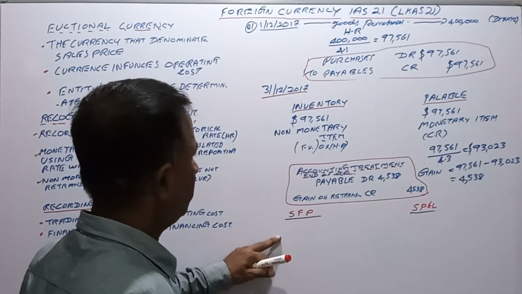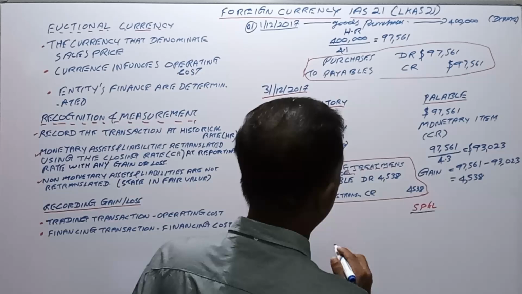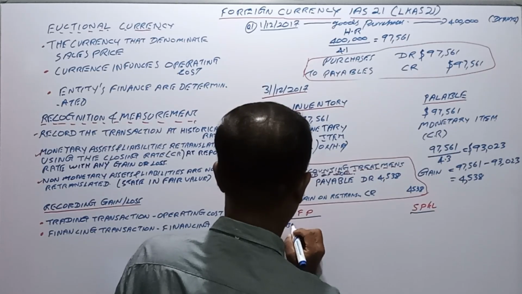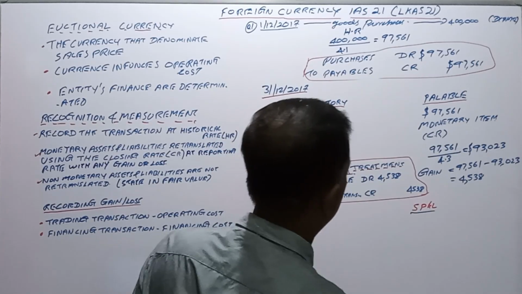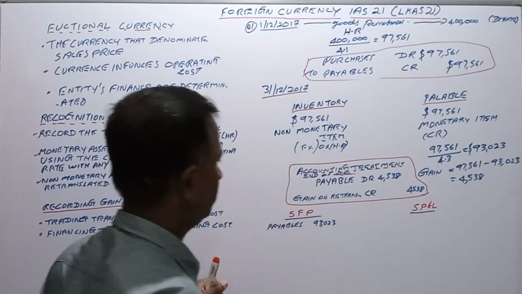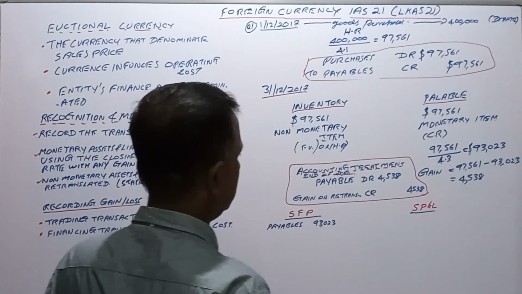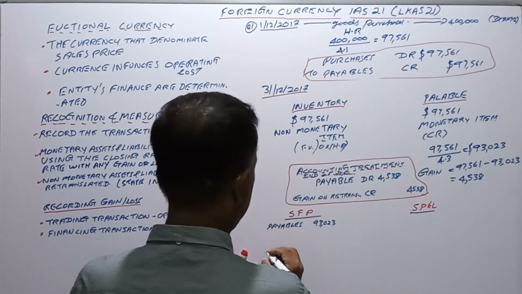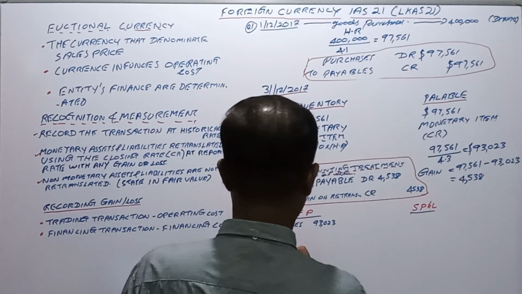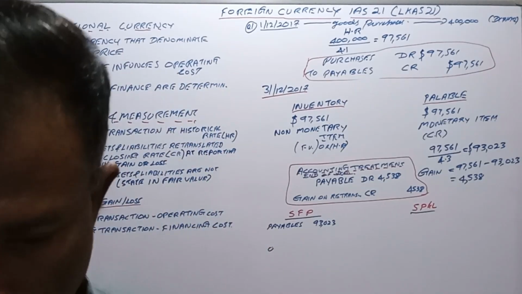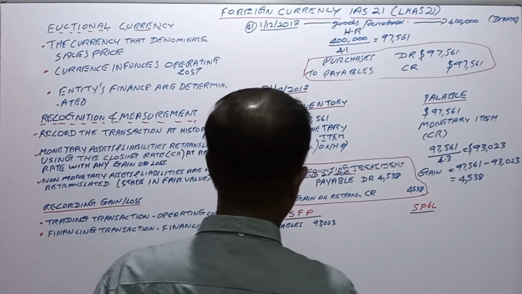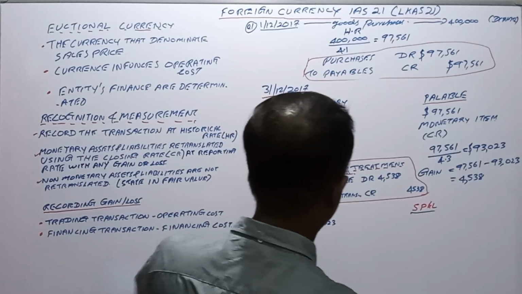In the statement of financial position, you will show payables as 93,023.